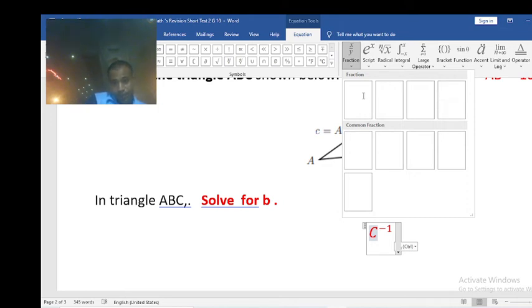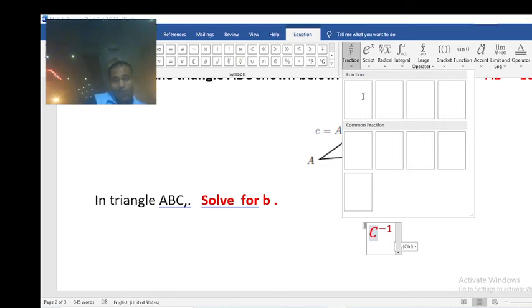Then I'm waiting for this one. Took time.